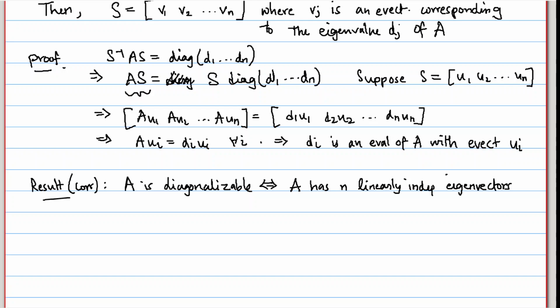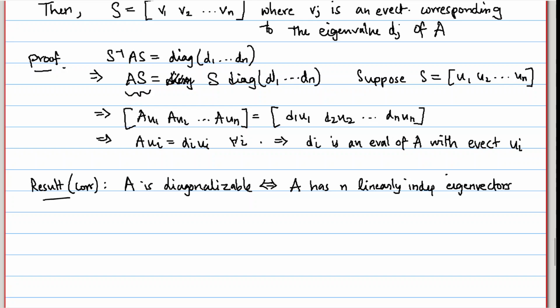Again, if A has n linearly independent eigenvectors, then form a matrix P from those n eigenvectors, and P inverse AP will be equal to the diagonal matrix.